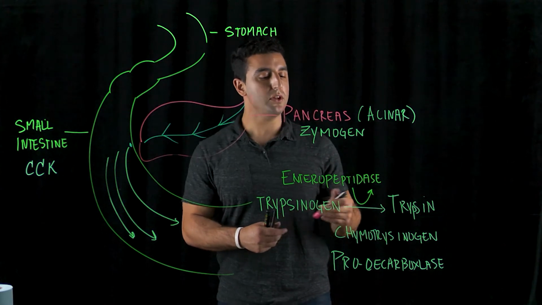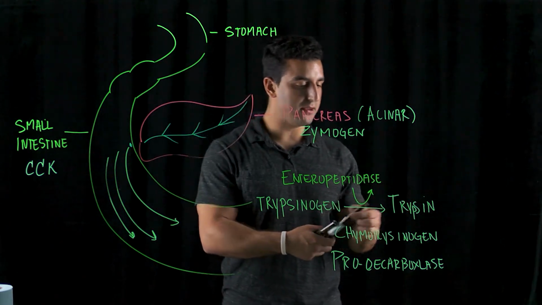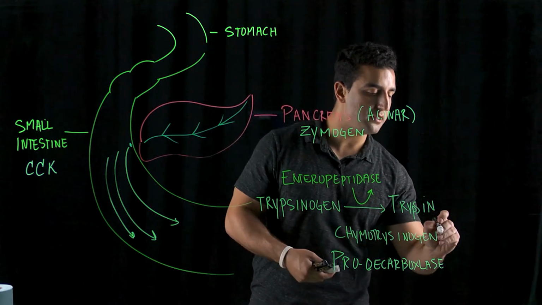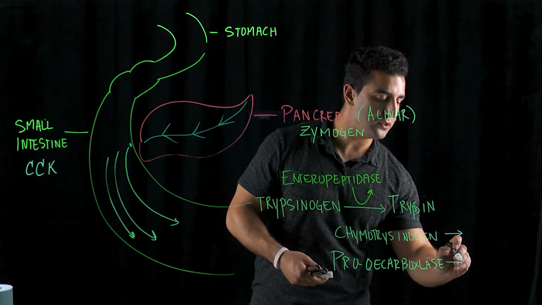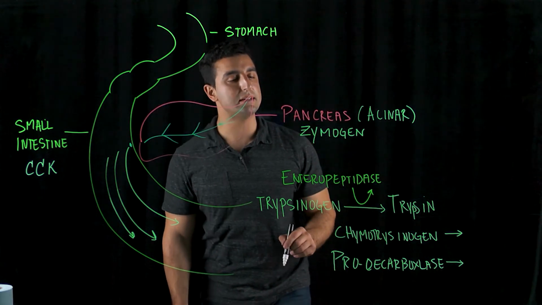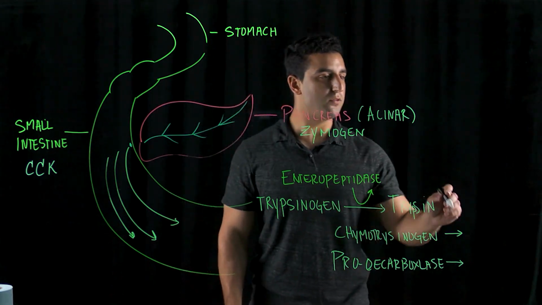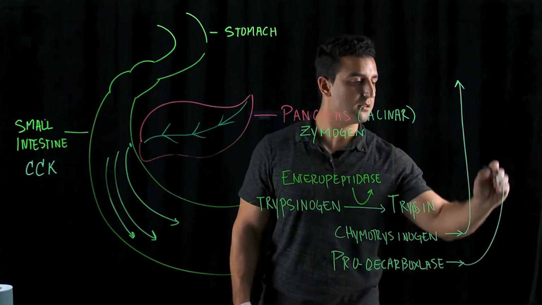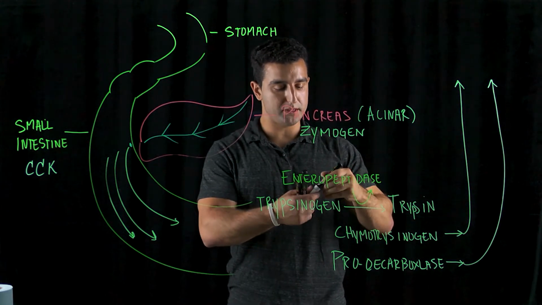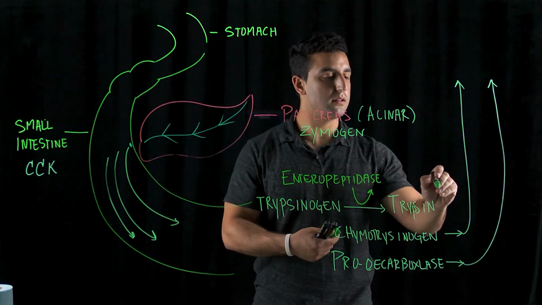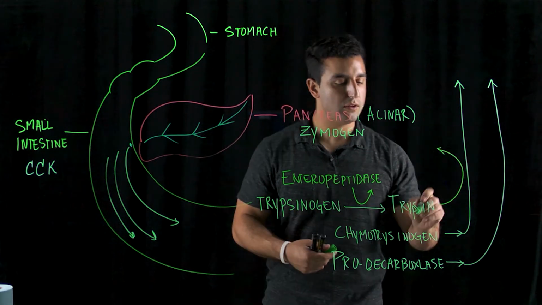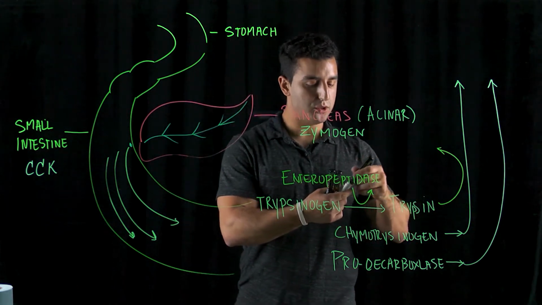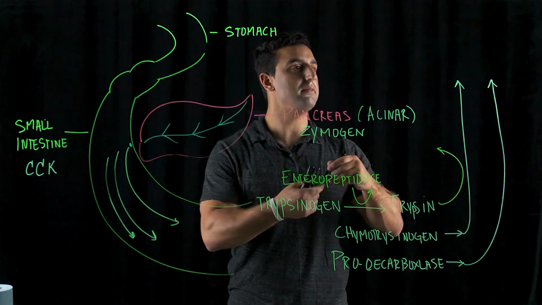Now, when we look at this example here, this trypsin comes in and cleaves these two enzymes into active proteases. If I were to draw this here, just for the sake of space, trypsin comes in and cleaves both the chymotrypsinogen and the procarboxypeptidase to give you two separate enzymes.